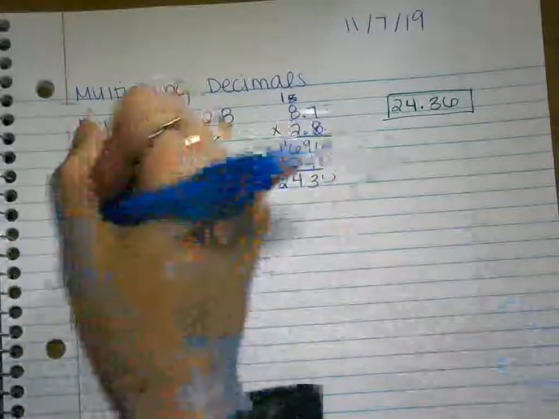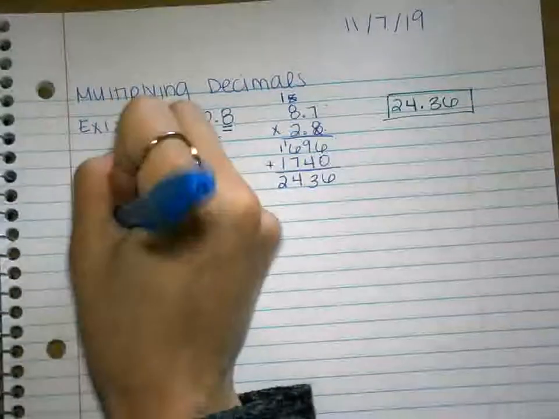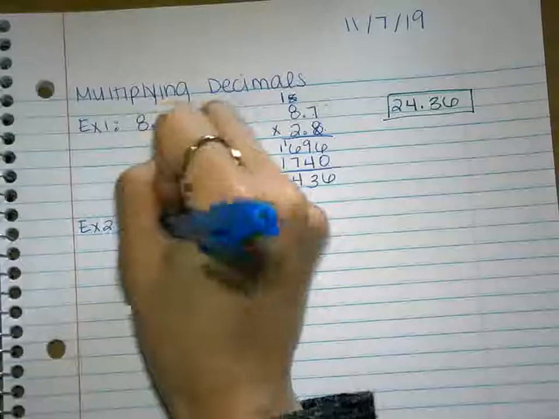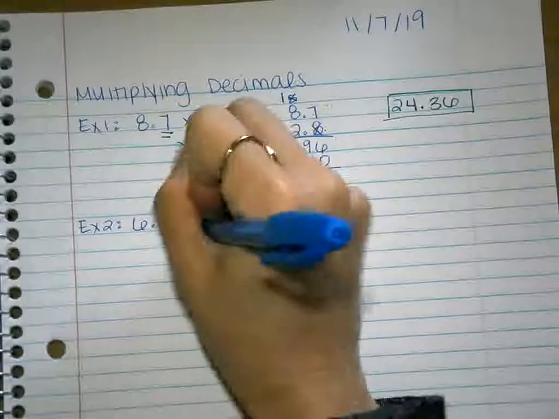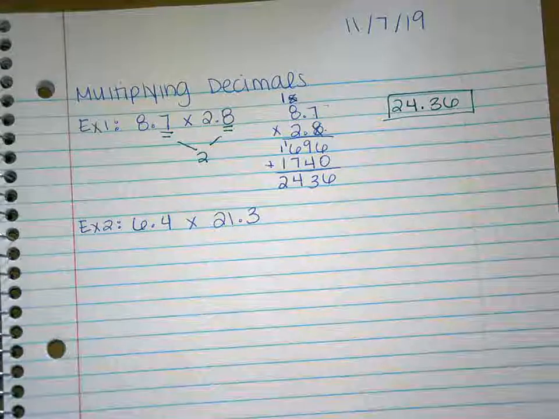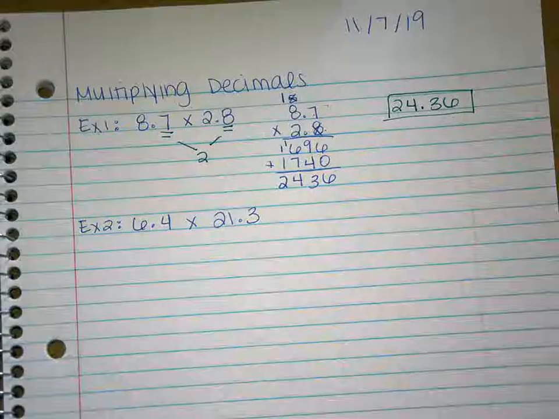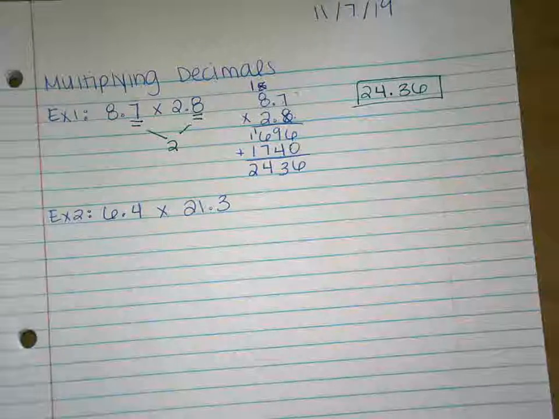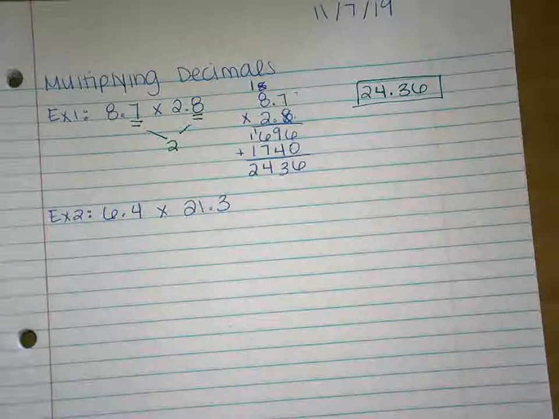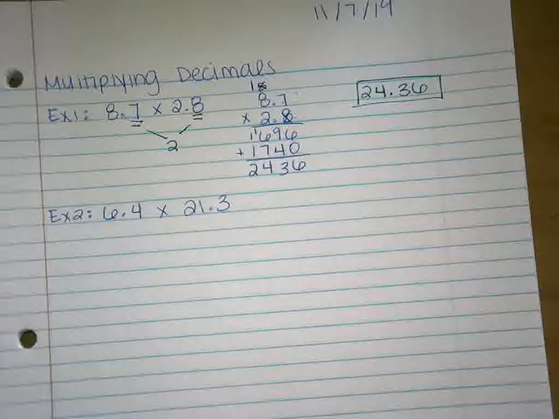Okay, what if I give you one like this? Example 2. .4 times 21.3. Which one should go on top in this case? 21.3.